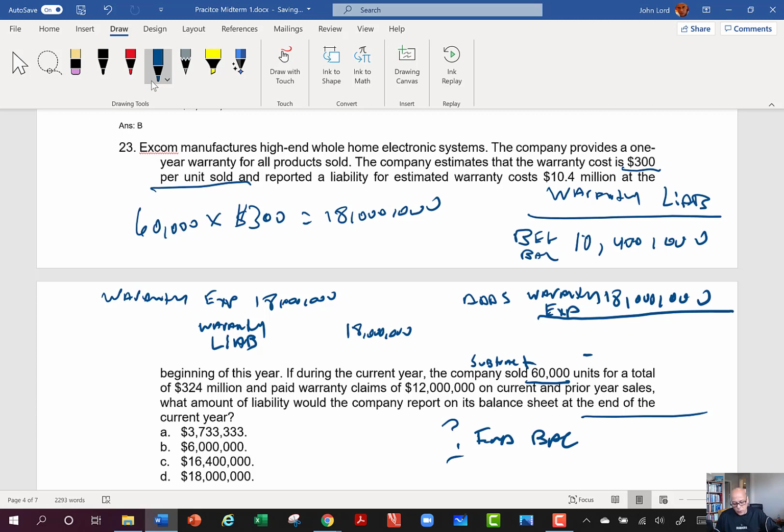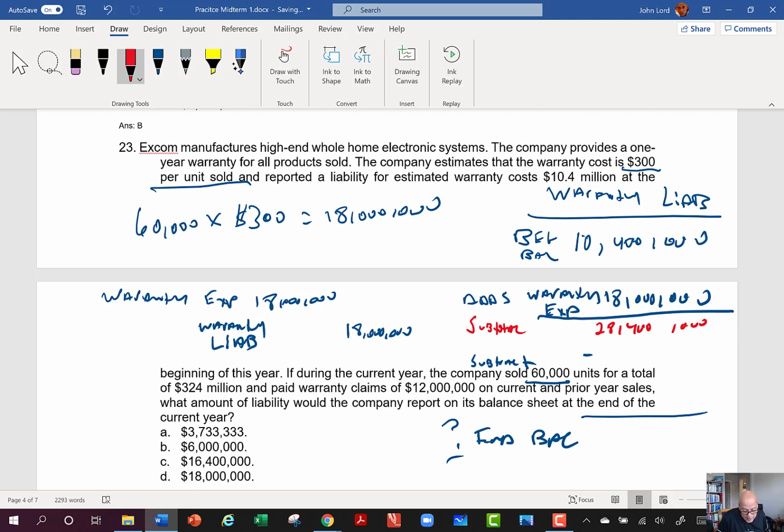Sometimes I use a subtotal if I'm going to have to work my way up to the beginning balance, so I don't think I need one. But I'll go ahead and write it in. The subtotal is going to be 28,400,000, right? Am I doing my math right?